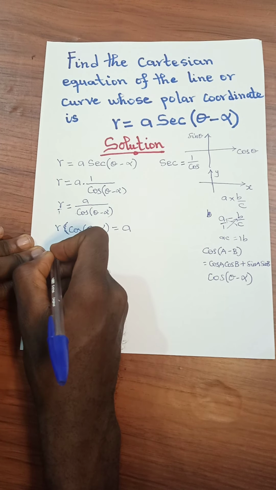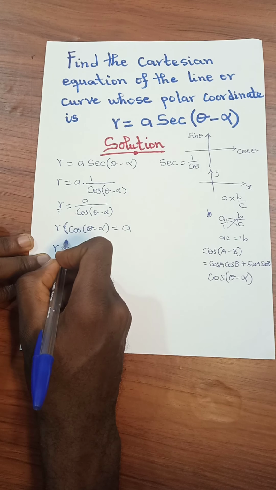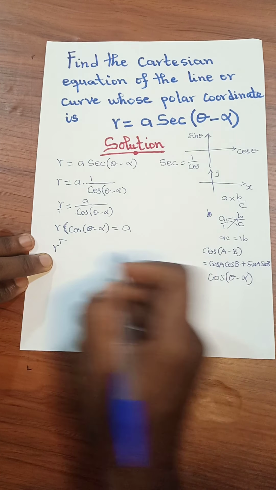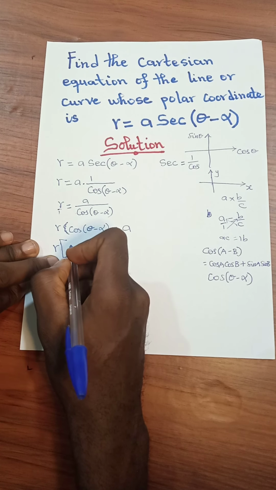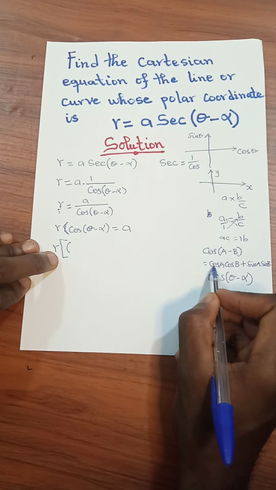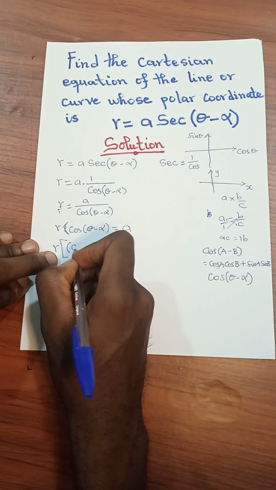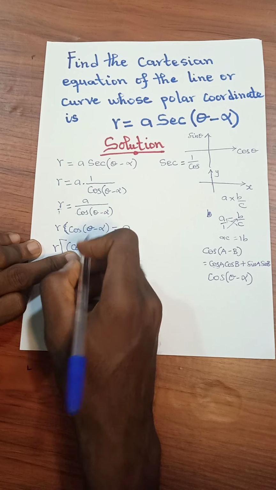So we have that r, and I'll put this in the bracket. That's the first one here. Cos now is theta, right?